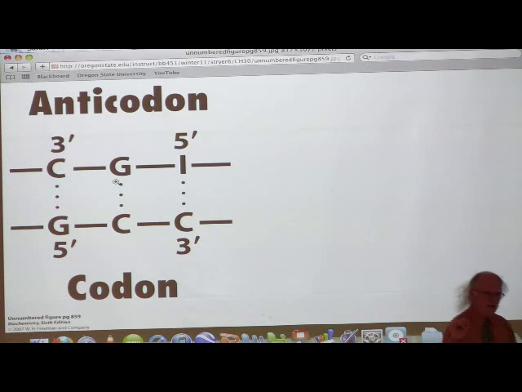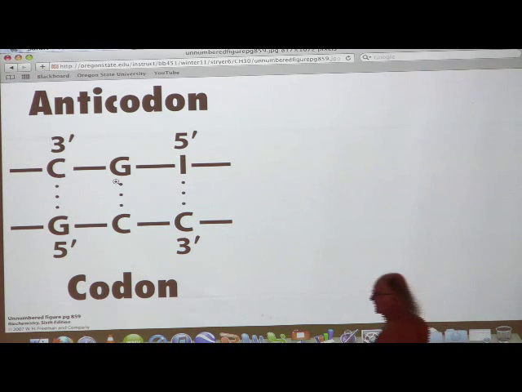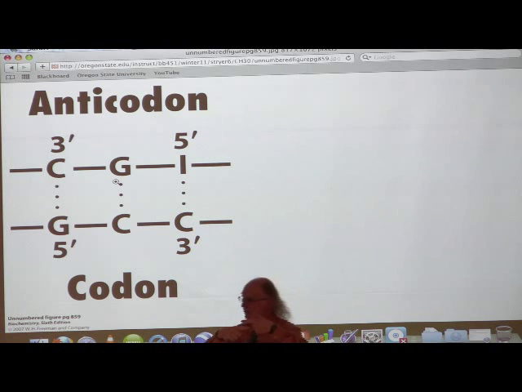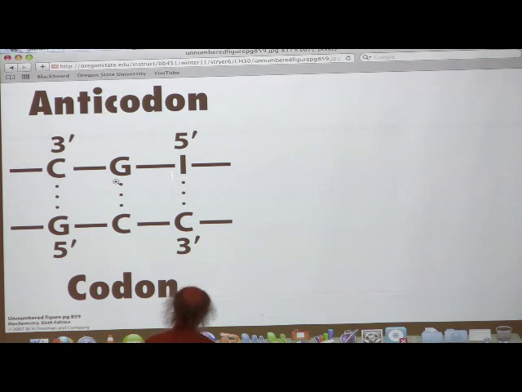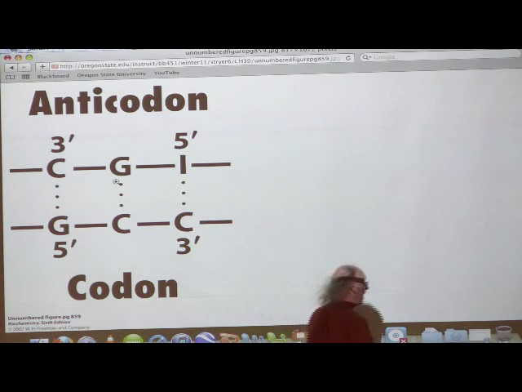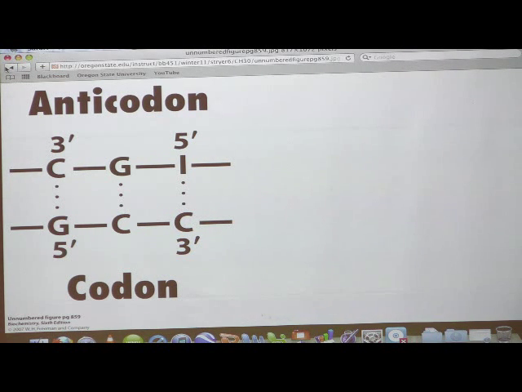Where's the wobble base in the anticodon? It's at the 5' end. Don't confuse those two, because, remember, these guys are antiparallel. To form this base pairing, we have to have this. You'll notice that I is in the wobble position. As I said, I'll say more about that next time in terms of the importance of that. Any questions about that?